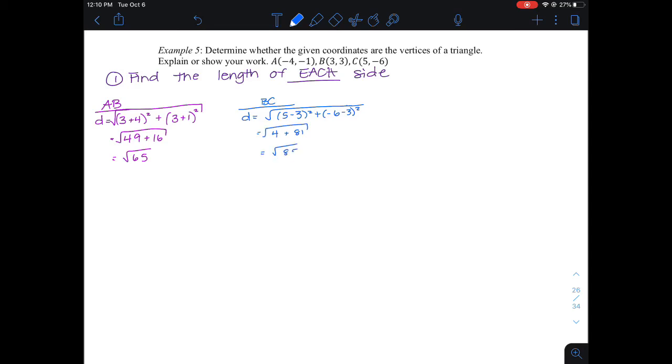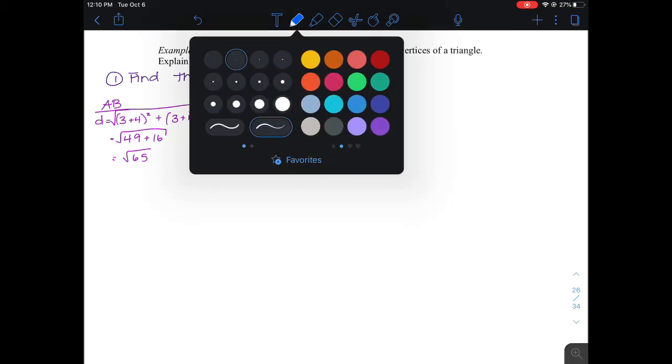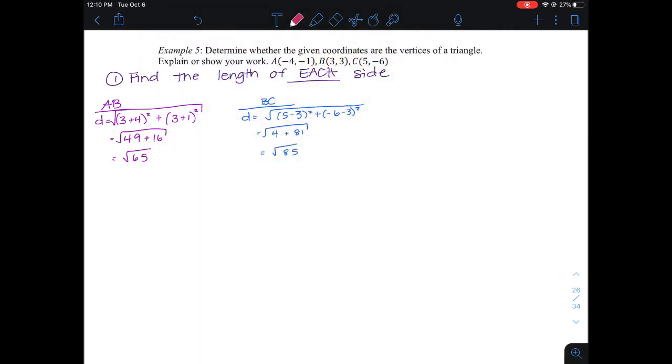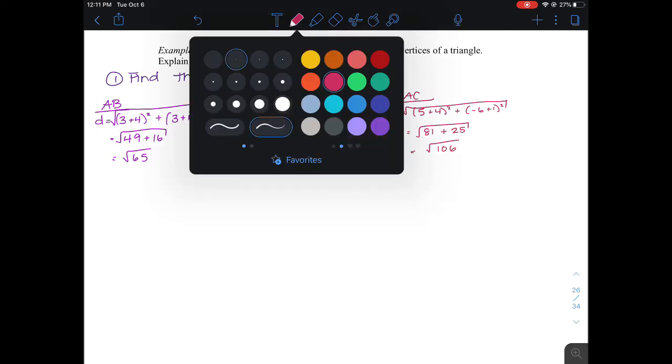So we get the square root of 85 for B to C. And then finally A to C. We get 5 minus a negative 4, so 5 plus 4 squared. Negative 6 minus a negative gives us a plus 1 squared. So we get 9 squared, which is 81, plus negative 5 squared, which is positive 25. So we get the square root of 106.